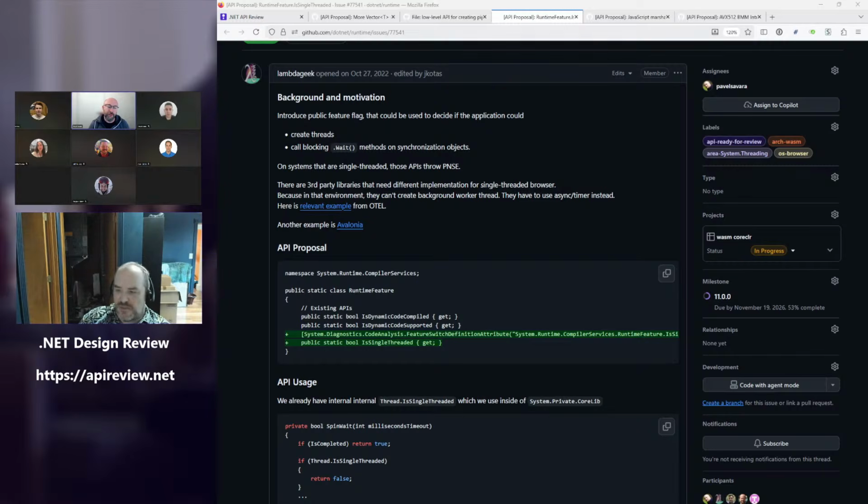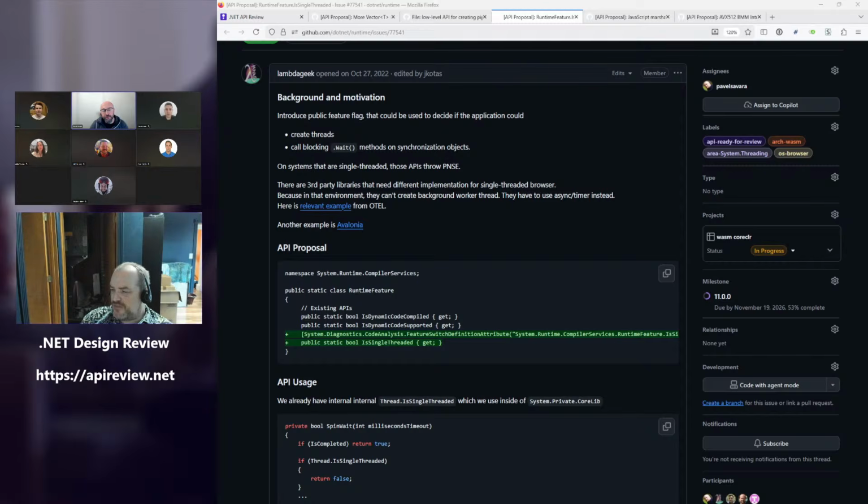And so we are proposing this flag that would be set in a single-threaded browser, so that your code can decide to use a different implementation strategy.